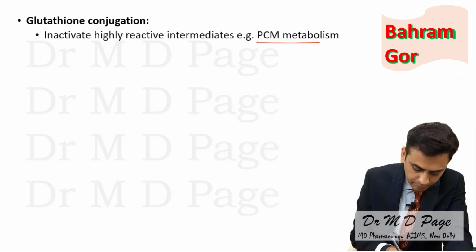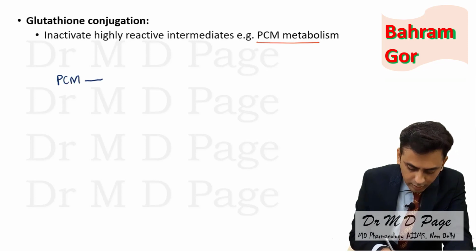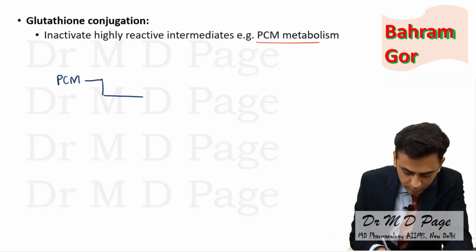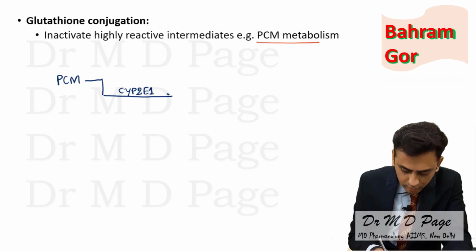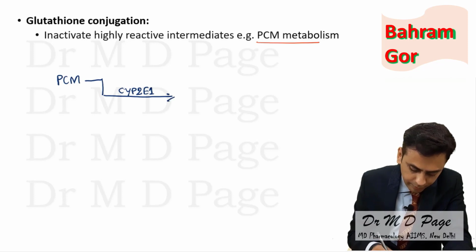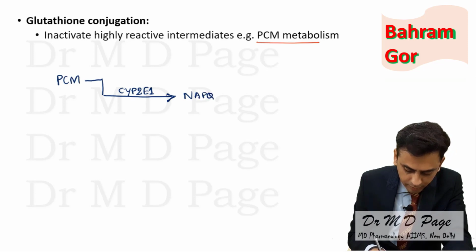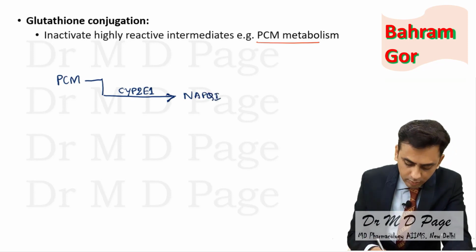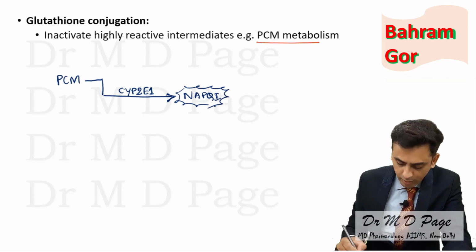Let's summarize it. Consider this is paracetamol. It is metabolized by CYP2E1 to a toxic intermediate. That toxic intermediate is N-acetyl-p-benzoquinone imine. This toxic intermediate causes hepatotoxicity.